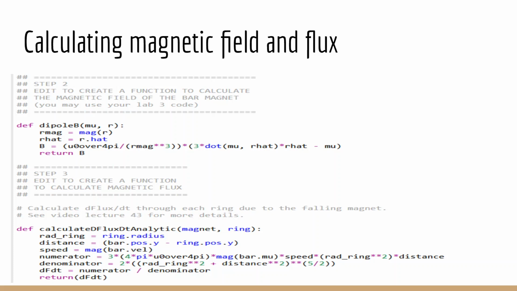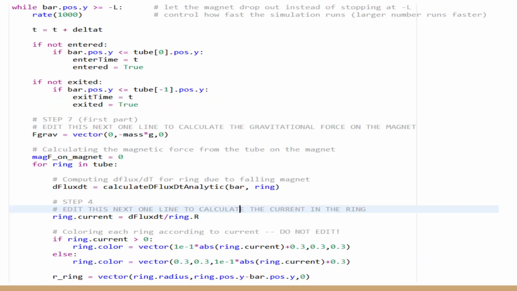And the second function calculated the magnetic flux using the previously mentioned equation. And then we used a while loop to measure the position of the bar, from the start when it goes in and when it comes out. And then these are all the functions, and this is to test.